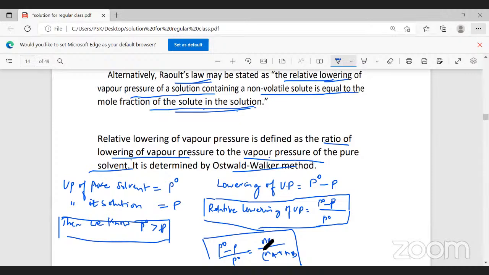So this is nothing but the mole fraction of a solute. We can represent it otherwise: P naught minus P divided by P naught is equal to the mole fraction of solute, XB. Did you understand this relative lowering of vapor pressure?